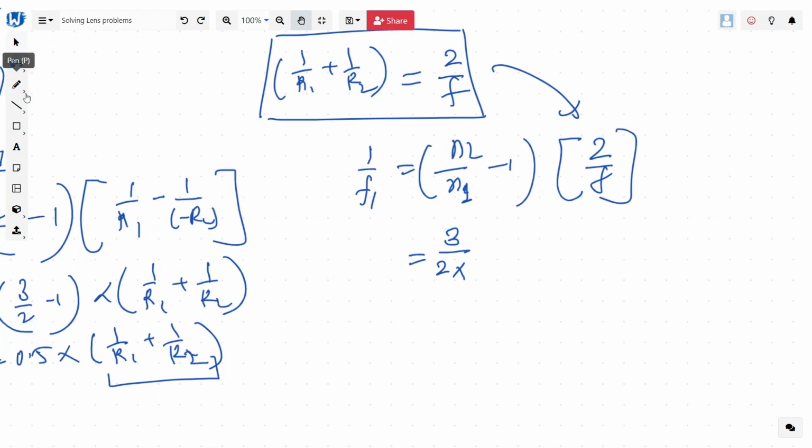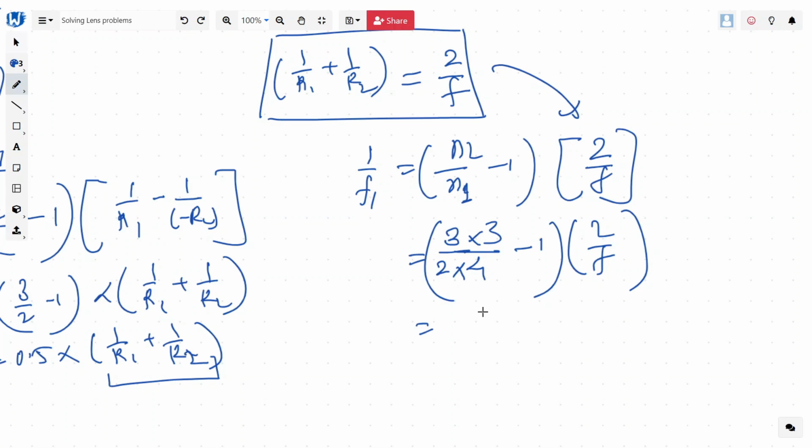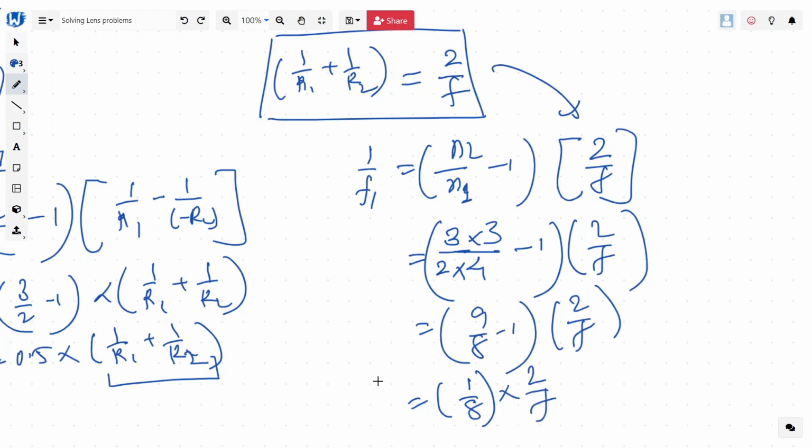It's quite cool. So going to be 9 by 8 minus 1, and that's times 2 by f. It's 9 minus 8 over 8, which is 1 by 8, into 2 by f. That's going to be 1 by f1.